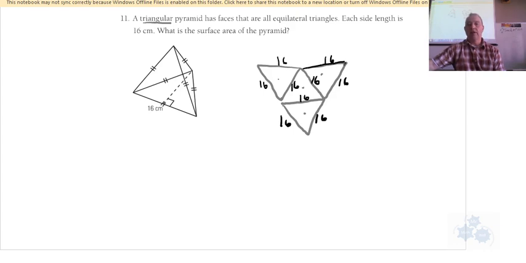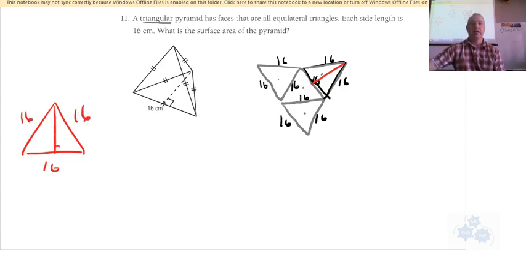I have the edges of the triangle, but I do not have the, you said it, the height. So again, you need to use Pythagoras to solve for the height. If one triangle looks like this, 16 here, 16 here, 16 here, I actually need to find this, so I need to make a right triangle with this being 8 and this being 8.